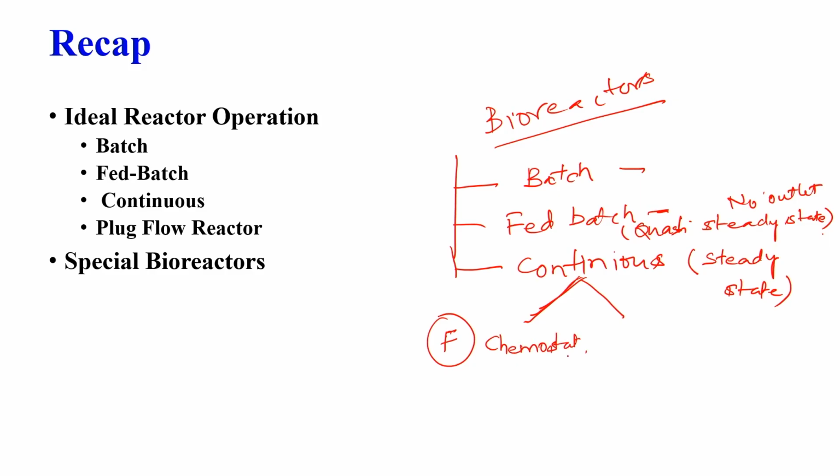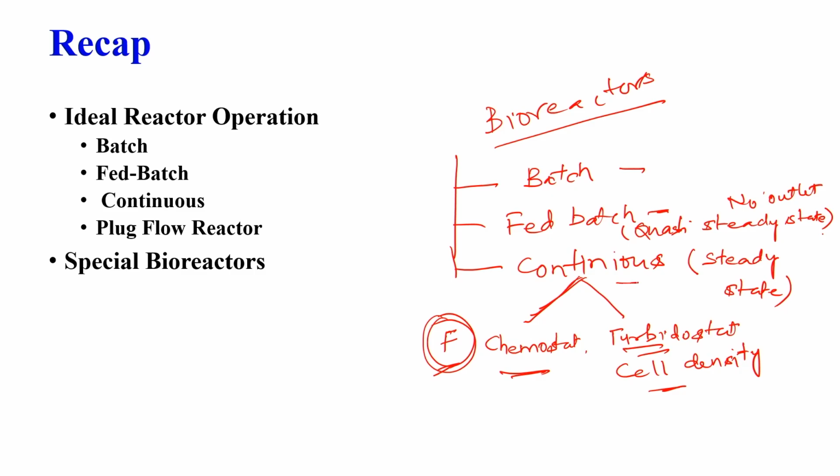This is basically done to have a certain concentration of limiting substrate in the feed. Other mode of operation is turbidostat, where we maintain a constant cell density or turbidity. For maintaining that, the flow rate keeps on varying, but at the same time inlet and outlet flow rate remain the same. So, here F is not constant, F keeps on changing, but both inlet and outlet flow rate remain the same. In the chemostat, flow rate remains constant.